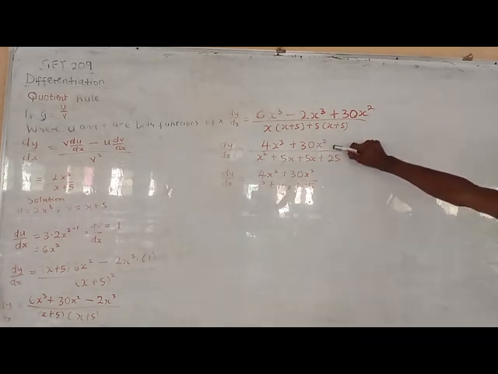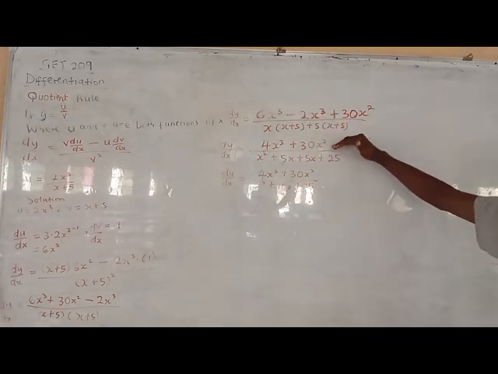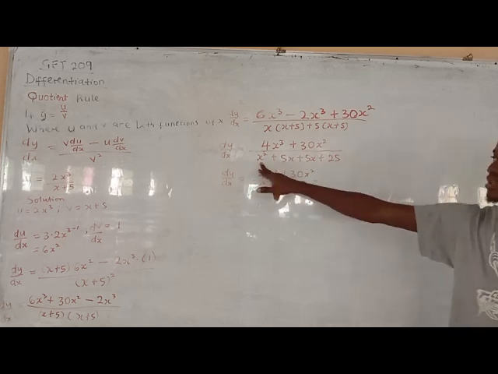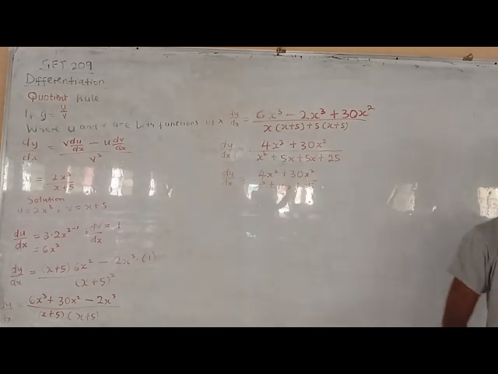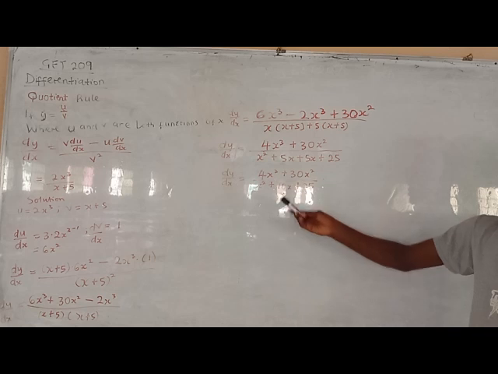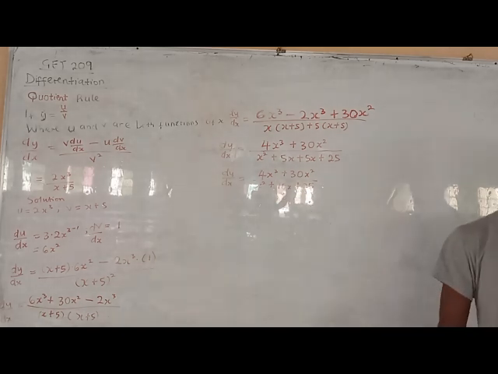From here, there is nothing you can do to this guy again, so you still maintain it here. But for this guy, x squared is still x squared. 5x plus 5x, 5 akara plus 5 akara equals 10 akara. 25 still comes down.